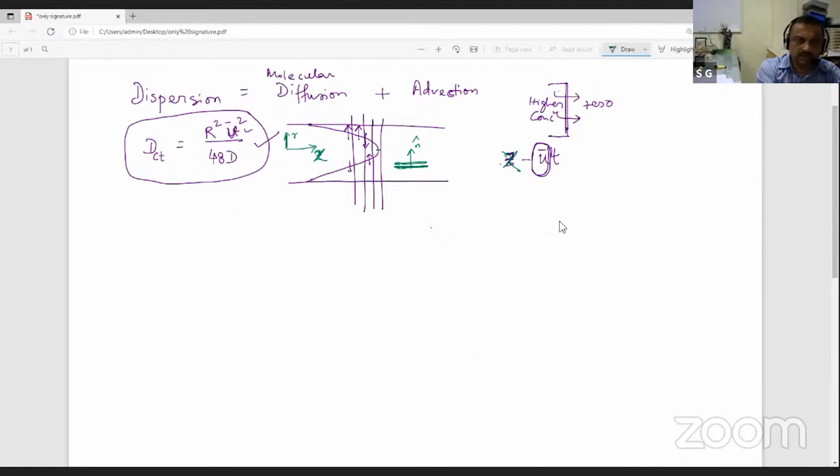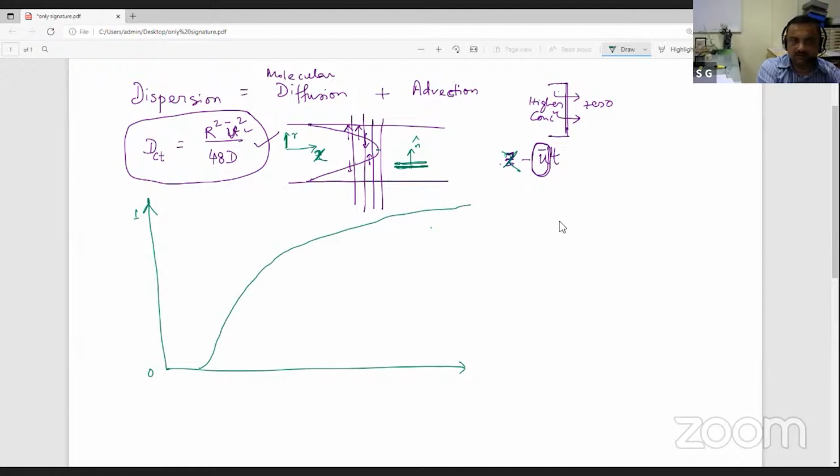So what we are getting is a tracer response which looks like this. This is the concentration, let us say on a normalized scale between 0 and 1. We see that when there is a fracture or a crack in the porous medium, the breakthrough would be immediate, and then it takes a long time to reach a concentration of 1 at the outlet.